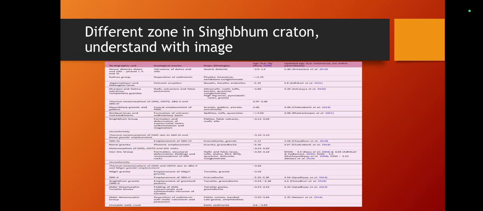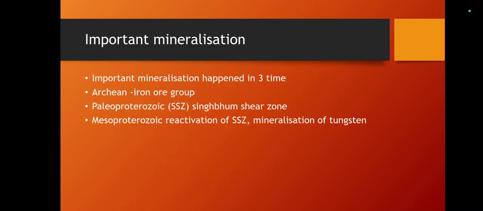So now coming to next slide. This is a very important part that the main examination asks questions about the Singhbhum craton, and if you have interest in research or stratigraphy of the Singhbhum craton, then you must know the economic importance of the Singhbhum craton. So Singhbhum craton is basically very important for the many mineralization happened in this particular craton.